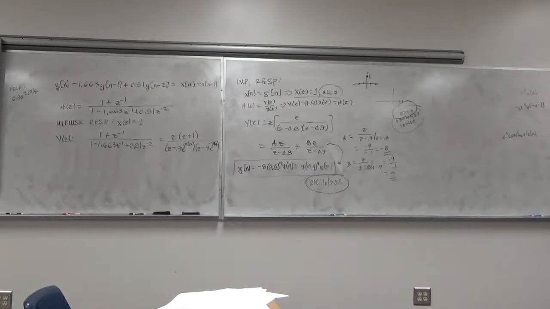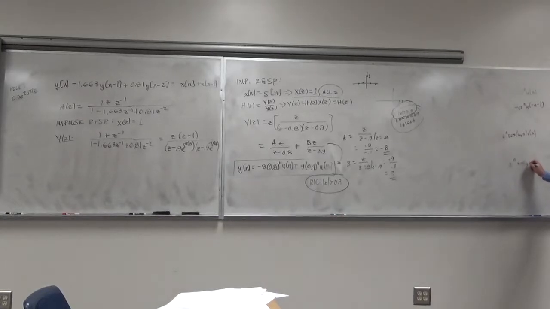Now, its cousin that we didn't do was a to the n times sine omega 0 n u of n. And this one turned out to be a z sine omega 0, if I remember correctly, over z squared minus 2a cosine of omega 0 z plus a squared.